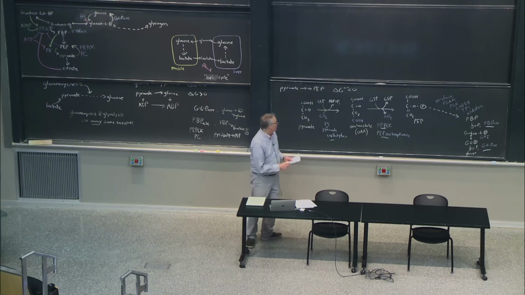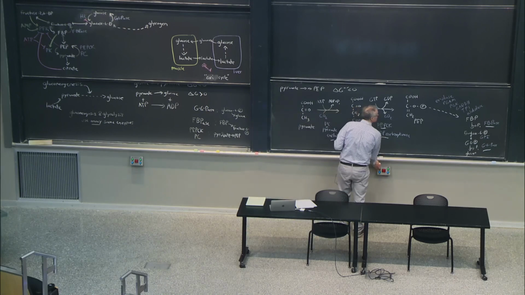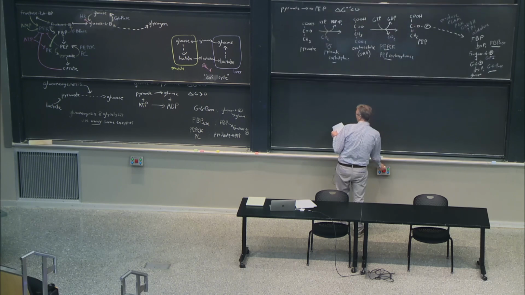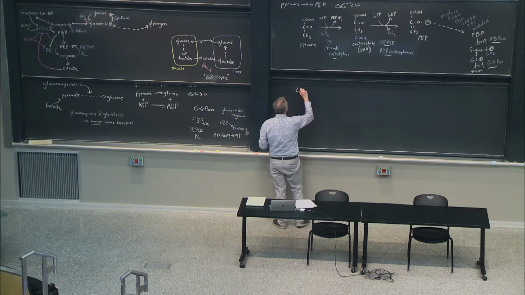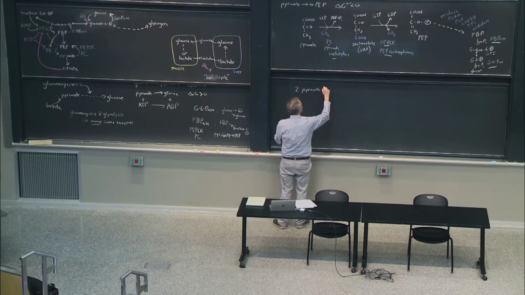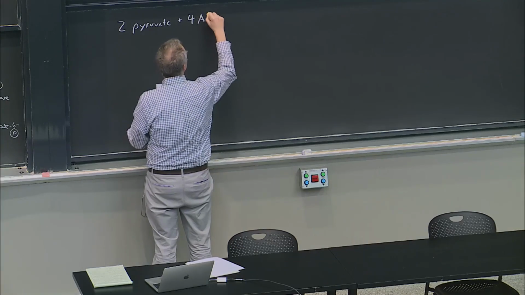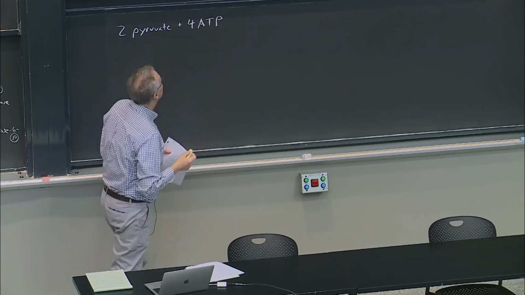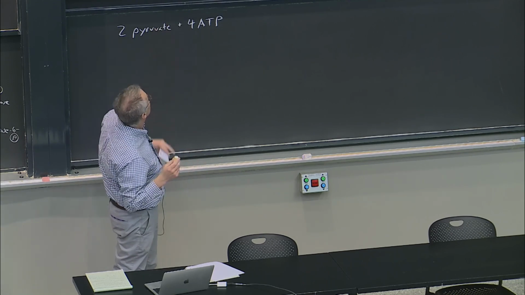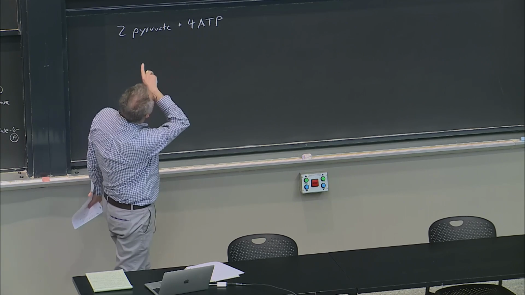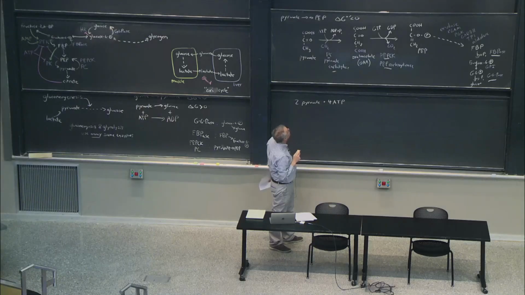And you can do so in a way that is thermodynamically favorable. In other words, we can start with 2 pyruvate and use 4 ATP, 2 ATP for each pyruvate. So an ATP to turn pyruvate twice into oxaloacetate, so that's 2.